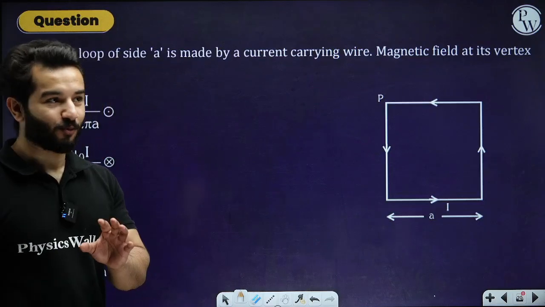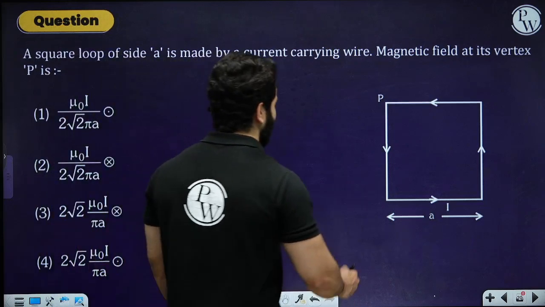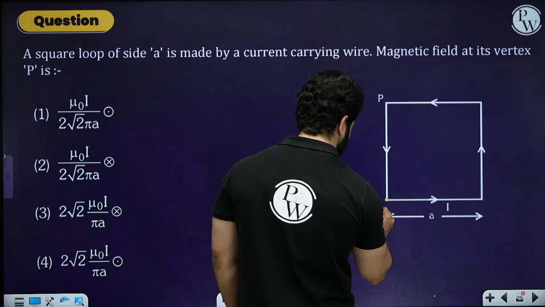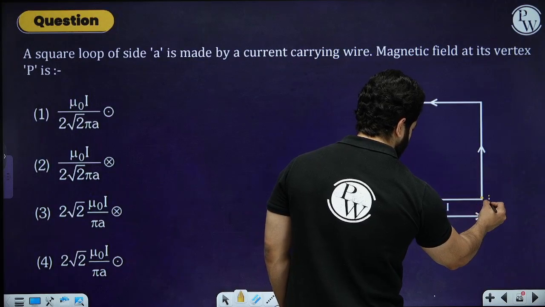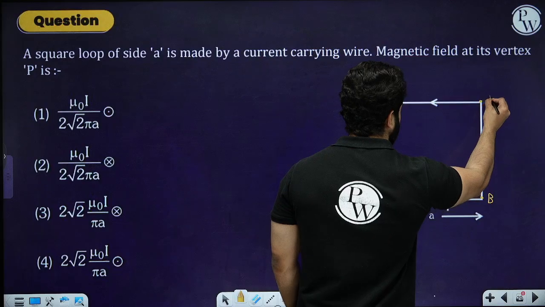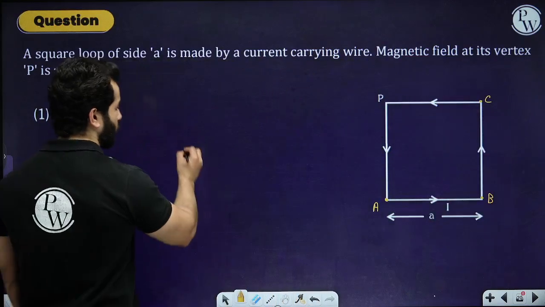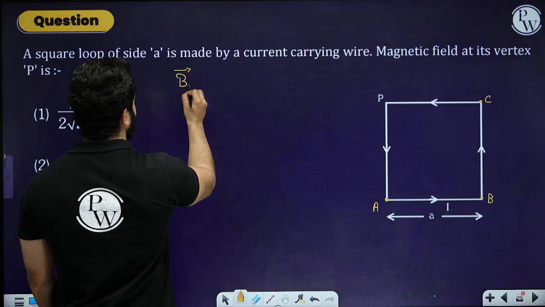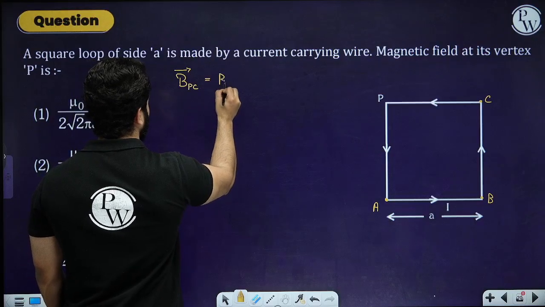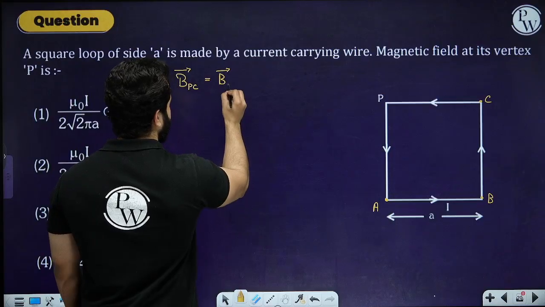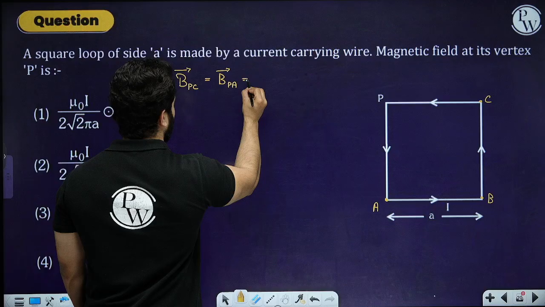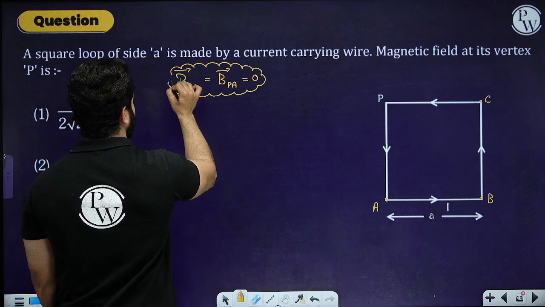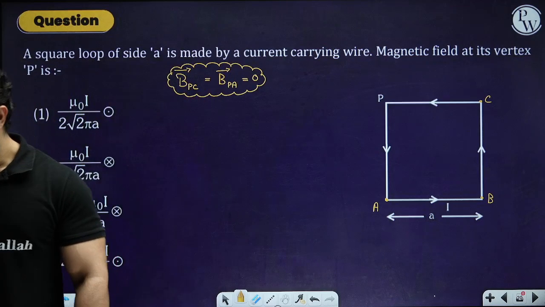We don't have to find out the magnetic field at center, it is at vertex P. So let me name the points A, B, C and P. So the magnetic field due to wire PC and the magnetic field due to wire PA will be 0, because these points are lying on the same wire. Hopefully this is clear to all of you.